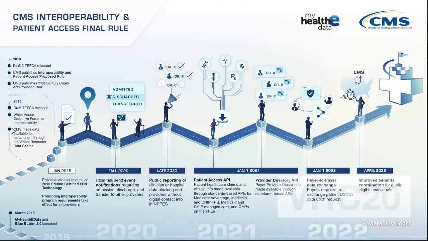We don't want to see them lose it just because they're going to a new health plan. So starting in January 1, 2022, when a patient changes payers, that means they will be able to bring the data with them to the next payer and really start to establish that cumulative health record that follows them throughout their life.